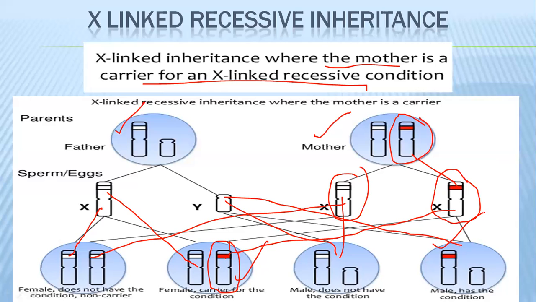All are recessive, but if the female is a carrier, she will transmit the disease to the males. If we just see 50% male and 50% female, out of them 25% female are carriers and 25% male are diseased.